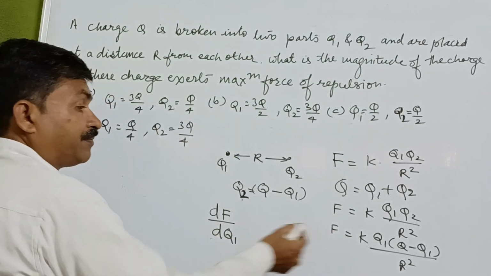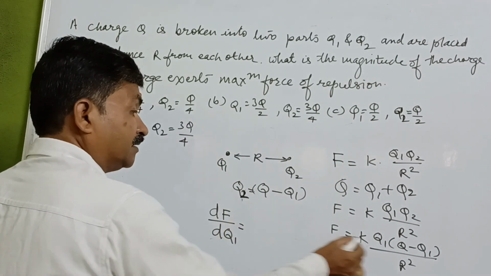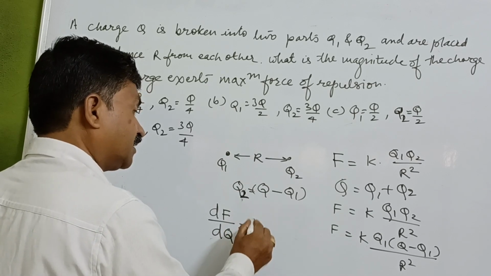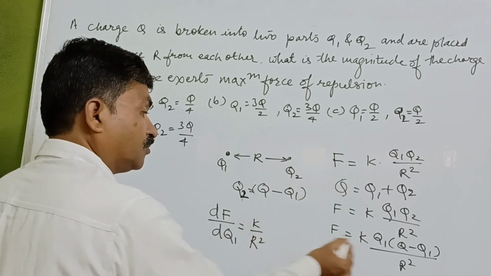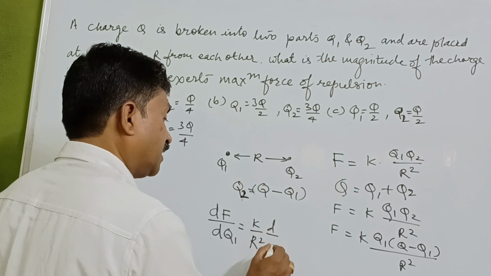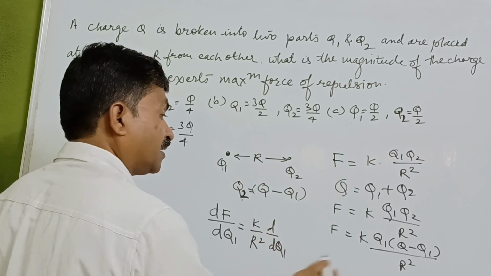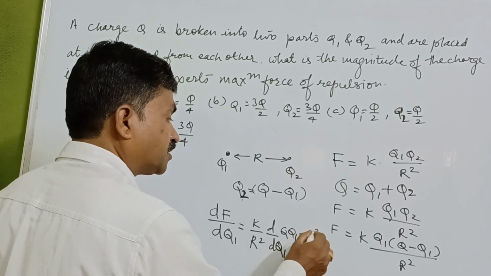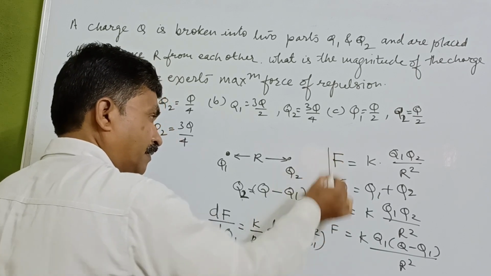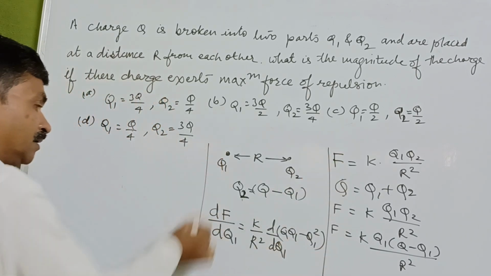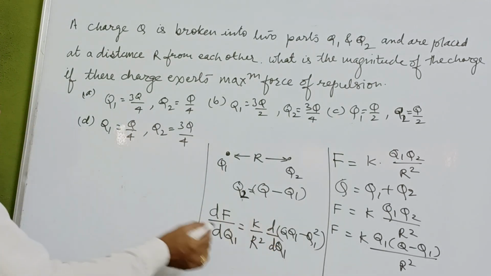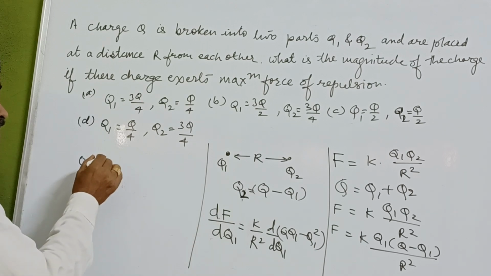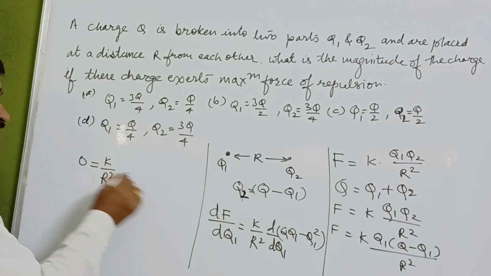So here dF by dQ1, we can write it. We can take k upon r square, both are constant, and d upon dQ1 of Q Q1 minus Q1 square. Now we are differentiating it and putting it equal to 0, k upon r square as it is.